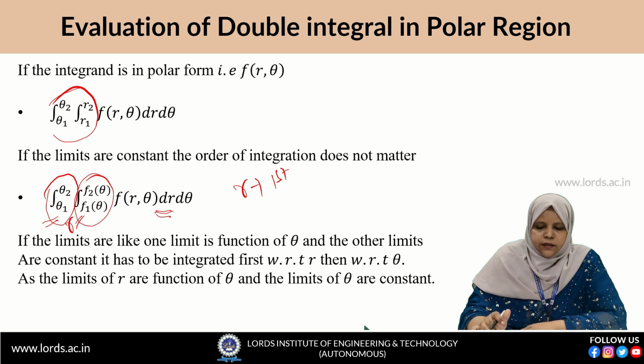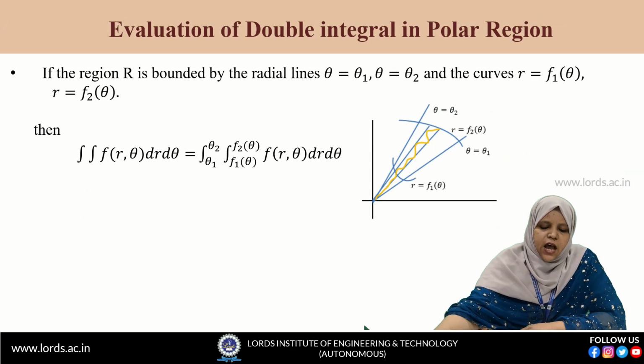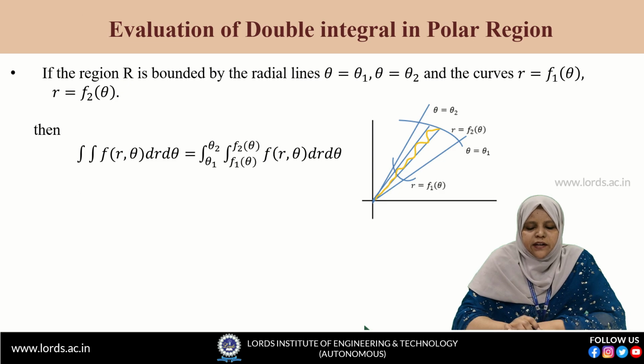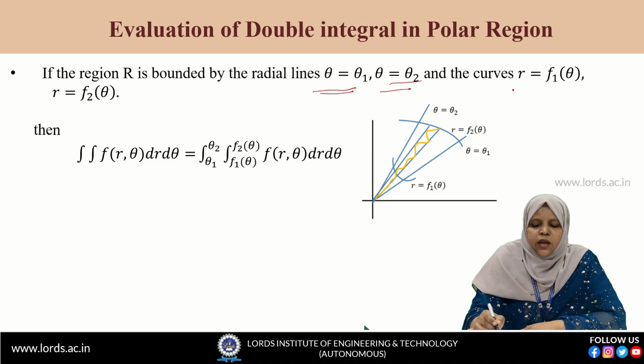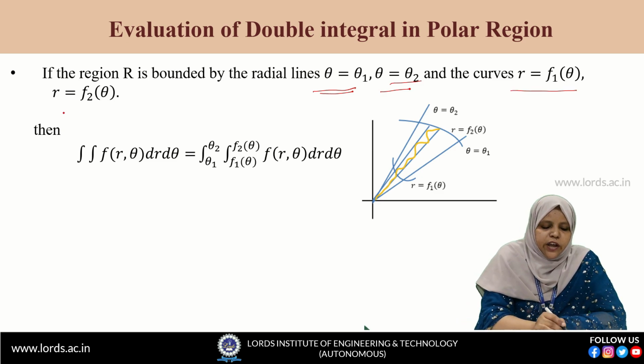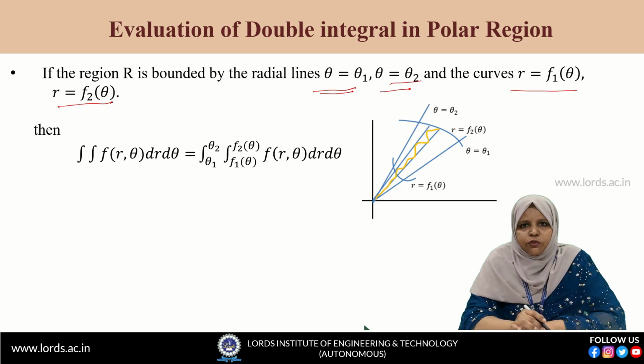Now we will see how to evaluate the double integral for the polar region. Here I have taken a region which is bounded by some radial lines, theta is equal to theta 1, theta is equal to theta 2 and the curves r is equal to f1 of theta, r is equal to f2 of theta.